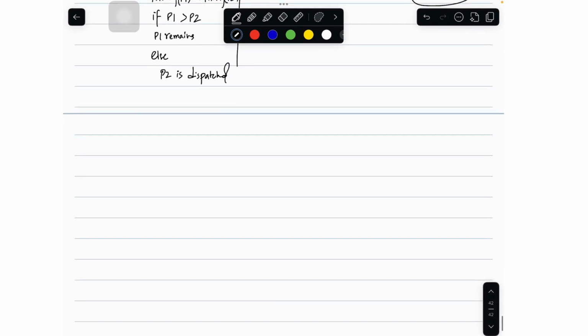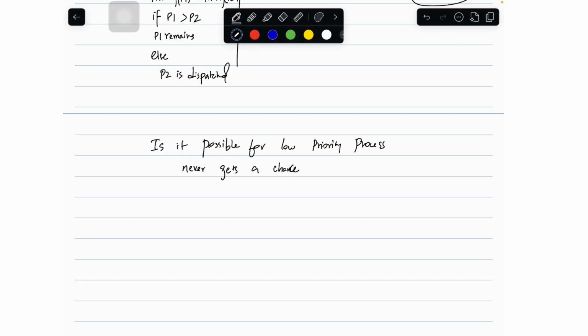Now, are there any problems in this type of scheduling? Yes. Is it possible for a low priority process to never get a chance to run? Yes. It's called starvation or indefinite blocking.